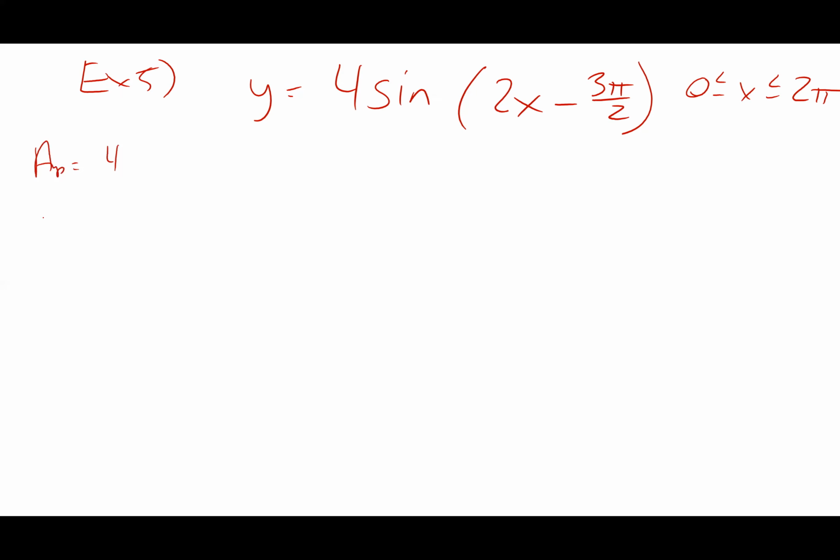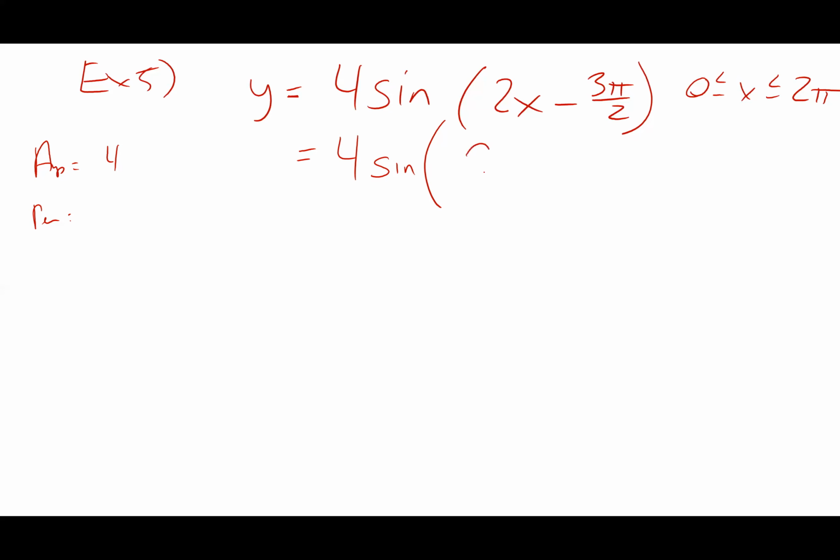Amplitude is 4. Period is going to be, oh, hold on. What do I have to do? I have to factor out a 2, because remember, go back all the way to the first page of 4.3, we had the b as a multiplier.